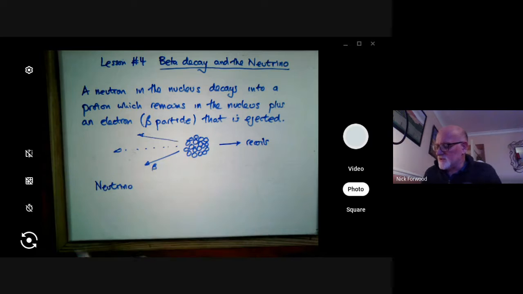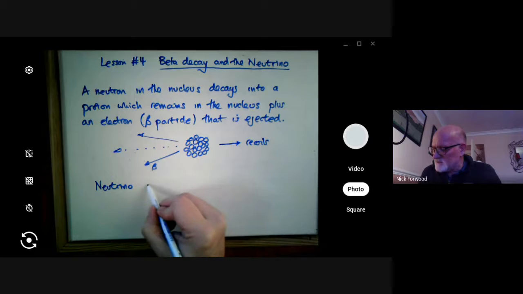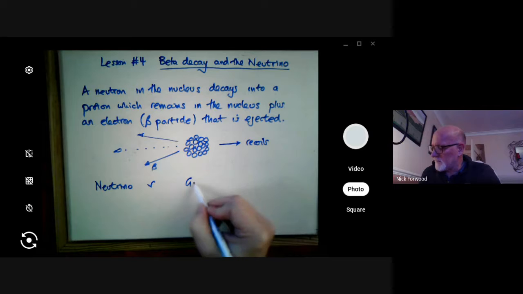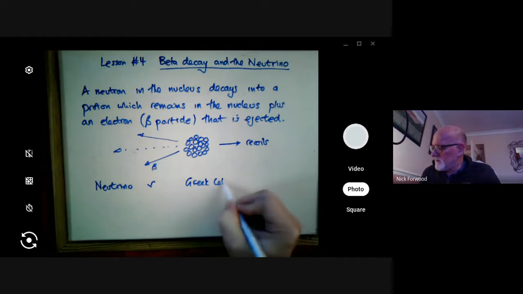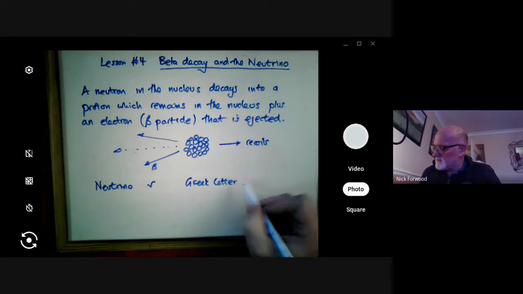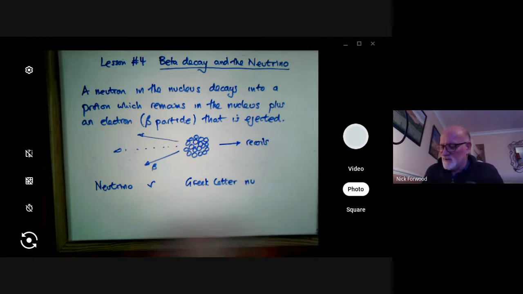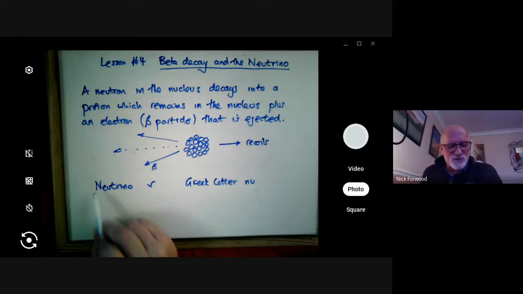Okay, so the neutrino has a symbol, just like electrons have a symbol E, protons have a symbol P, and neutrons have a symbol N. A neutrino has a symbol which looks a bit like a V with a little squiggle on it, and that is the Greek letter nu. It's like our letter N, and you can see why they picked this Greek letter, because it fits in with neutrino.